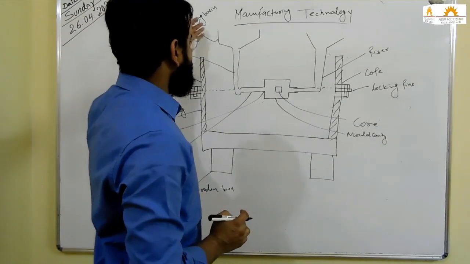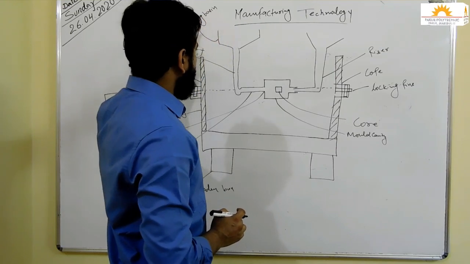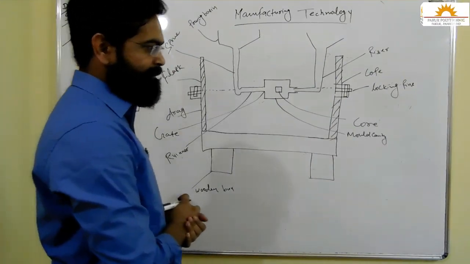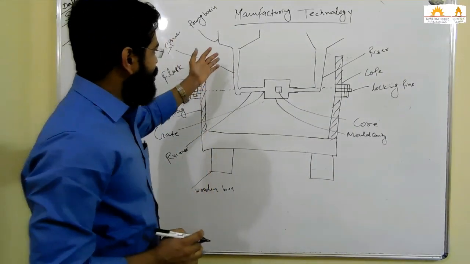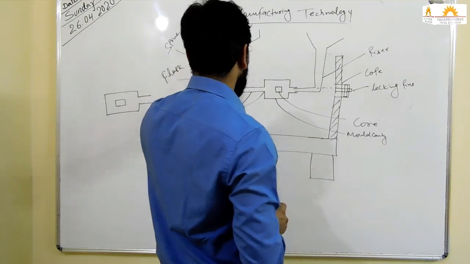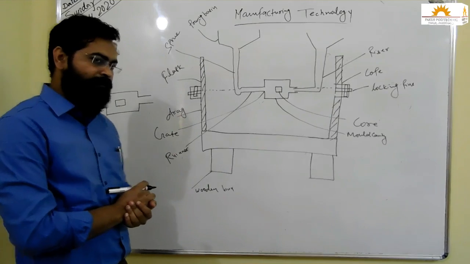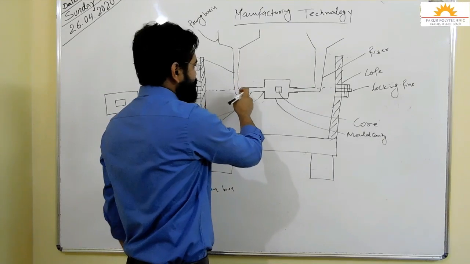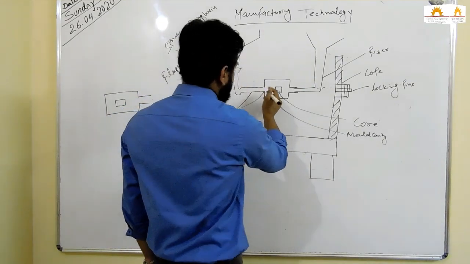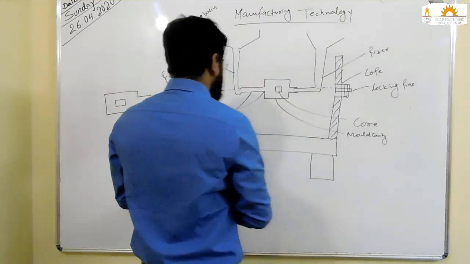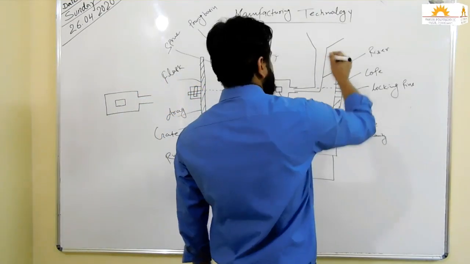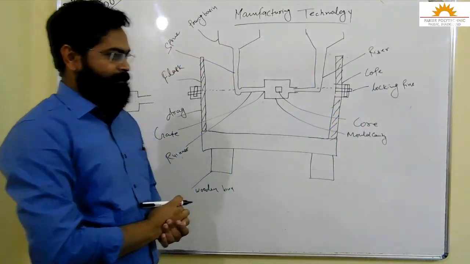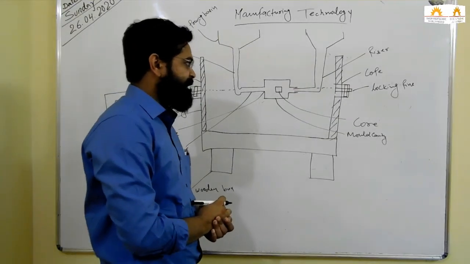Through the pouring basin, metal is poured by the help of a ladle, and it goes by the screw, which is sometimes helpful to control the flow of metal. Through the screw it goes from the runner to the gating system into the mold, and the riser helps with shrinkage and solidification of the metal.